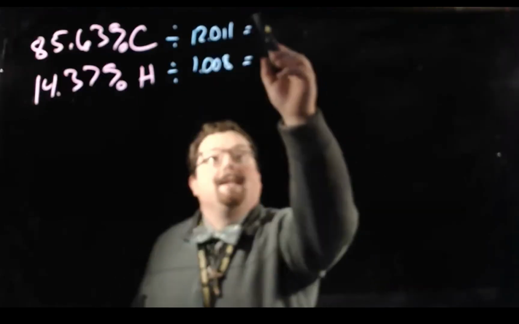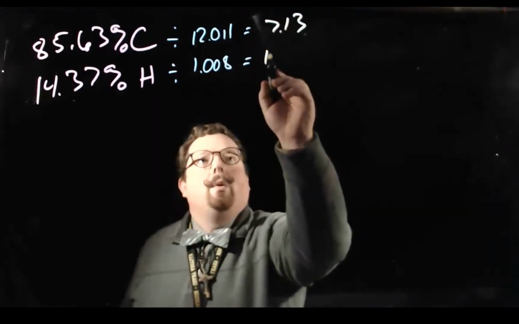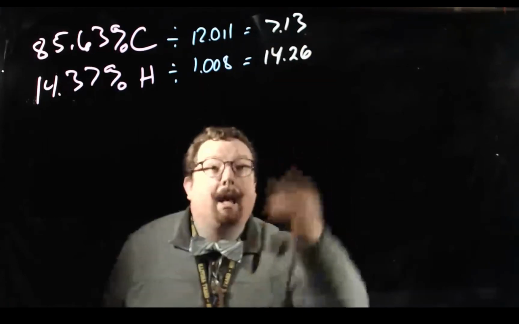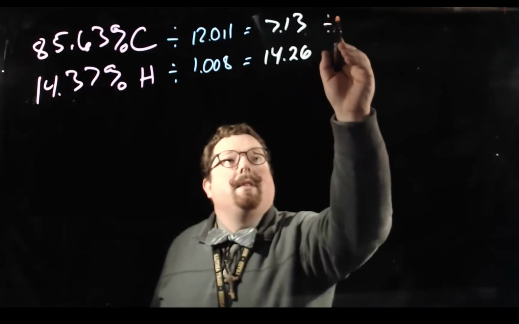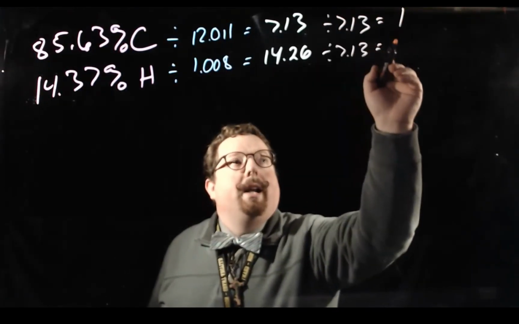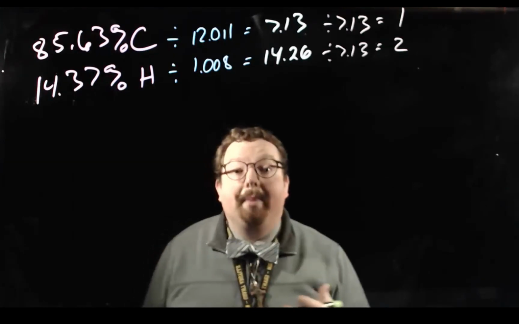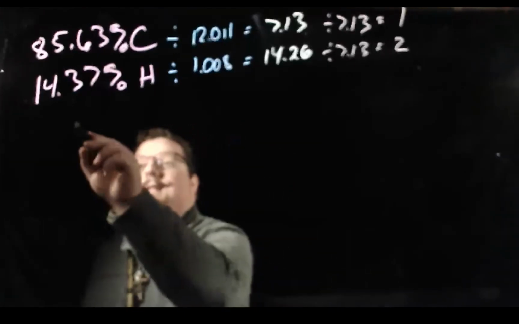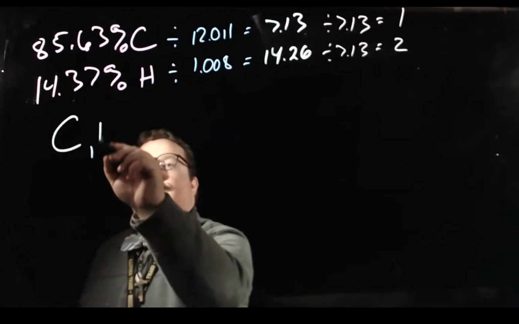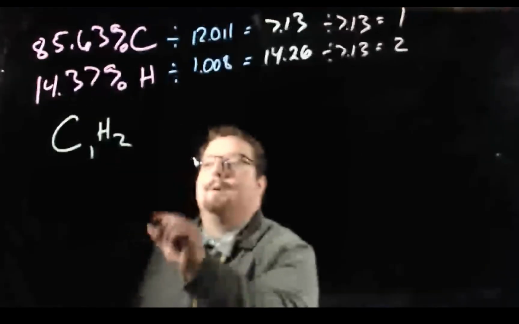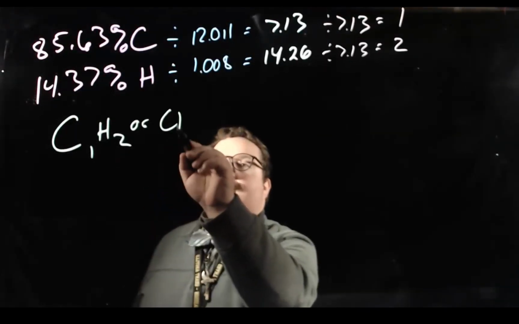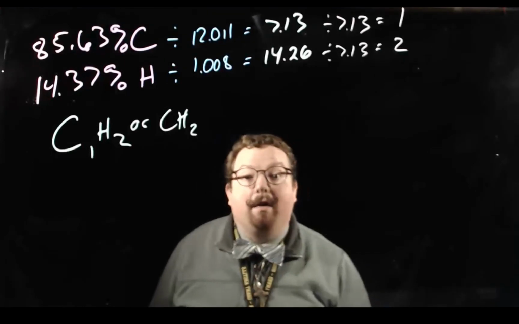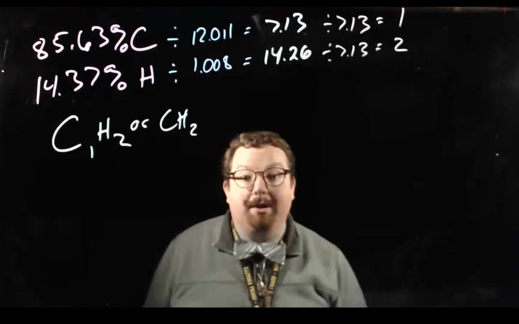When you do that, you get 7.13 and 14.26. Next, you divide by the smallest of those two numbers, and you get 1 and 2. So your empirical formula is going to be C1H2, or just CH2. So for every 1 carbon, we have 2 hydrogens.